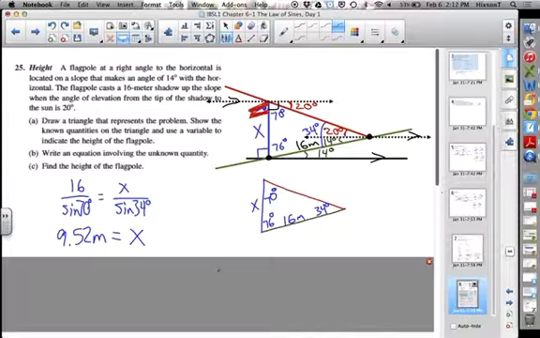If you can see the end of its shadow and figure out how far that is from the base of the building, then you could measure the angle it takes to look up to the top of it, do a little bit of trig, and figure out how tall the building is.